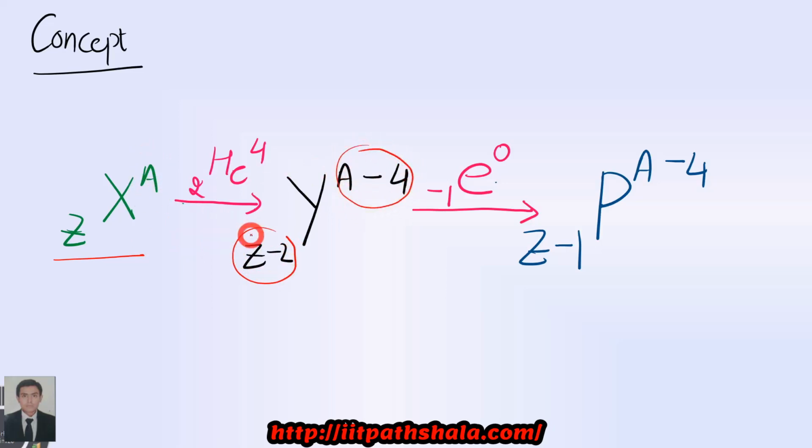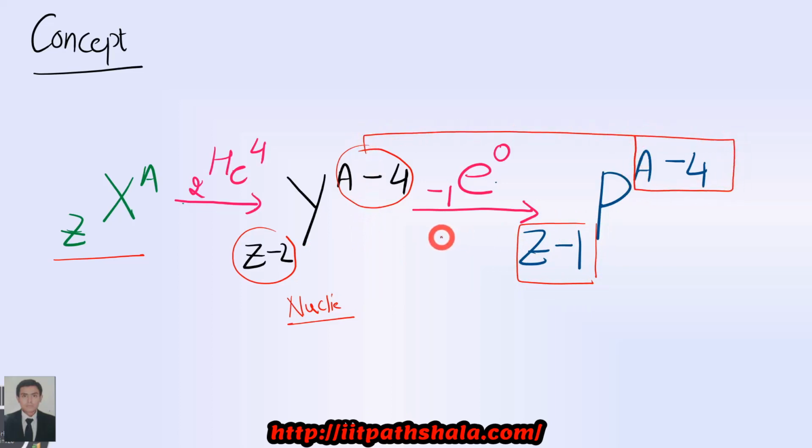After this, the nuclei goes under beta decay, resulting in the elimination of an electron. Hence a neutron gets converted into one proton, so my atomic number goes up by 1 and my mass number remains unchanged. So this is my resulting nuclei. You can check among the four options which one is correct.